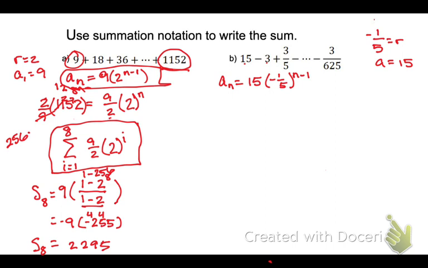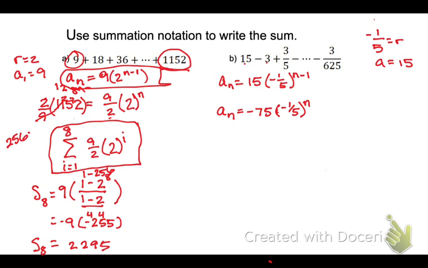So the minus 1 reciprocates the negative 1/5, yes? Which would be negative 5. So a sub n equals negative 75, yeah, negative 75 times negative 1/5 to the n.